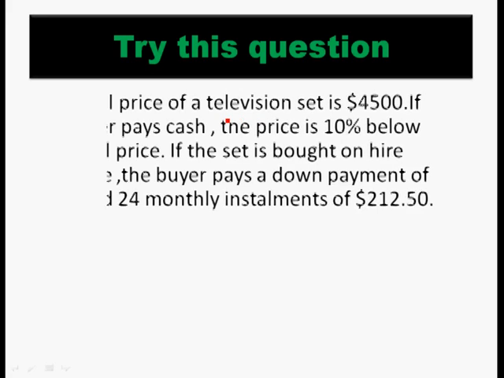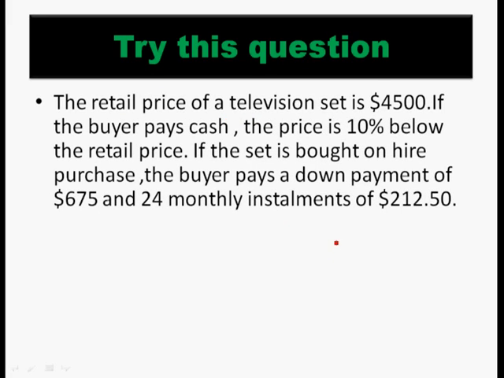Alright, here's the question. The retail price of a television set is $4,500. If the buyer pays cash, the price is 10% below the retail price. If the set is bought on hire purchase, the buyer pays a down payment of $675 and 24 monthly installments of $212.50.